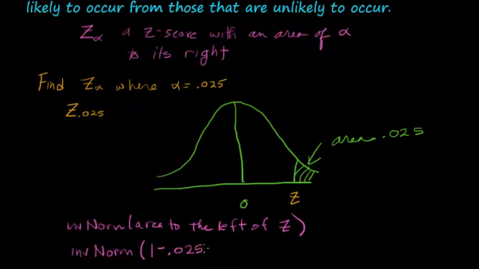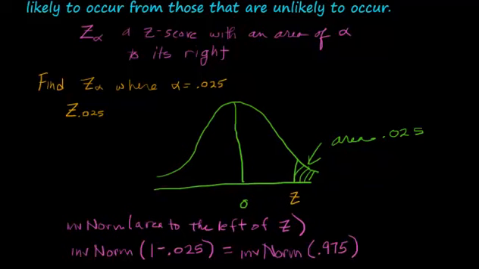You can actually enter that in your calculator, for those of you whose inverse norm function is a little different than the one I'm showing you here. So in other words, that area is going to be 0.975.